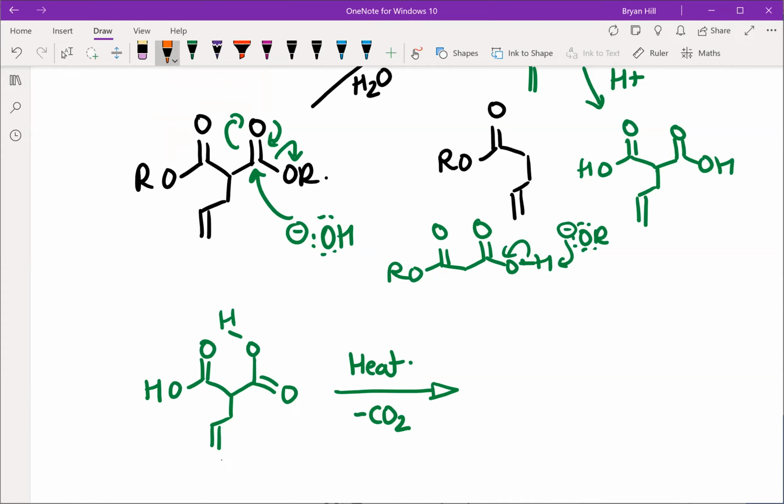Okay, so we are going to grab this proton. These electrons are going to go here. These electrons are going to go here. I'm drawing it as the pi electrons doing that. They're probably not, probably lone pairs, but that's okay. And so what we have is this.